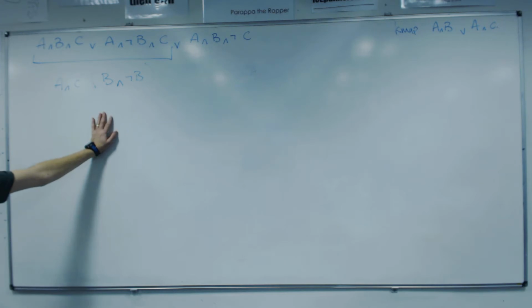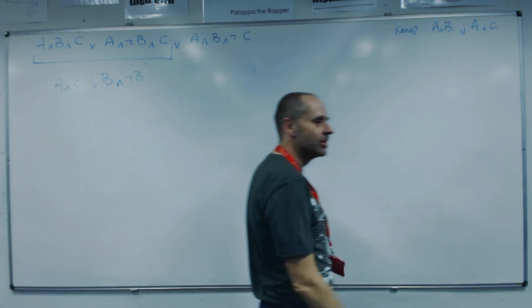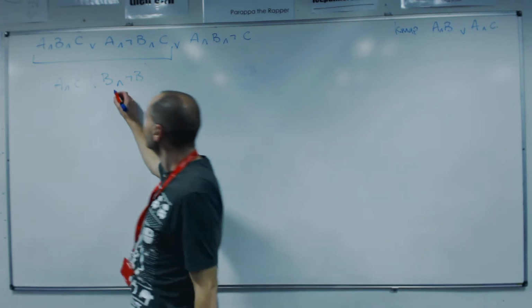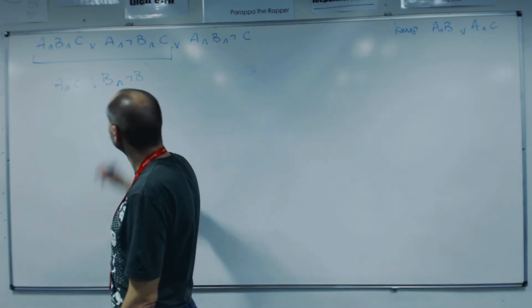Would B and not B be 1? Yeah. And? Go on, Connor. It'd be a 0. Okay, so we cancel out completely. So that would be 0.